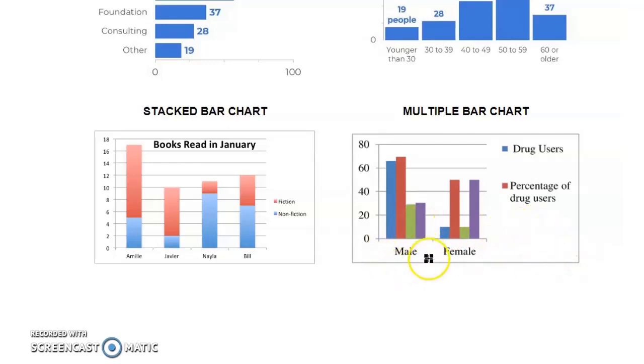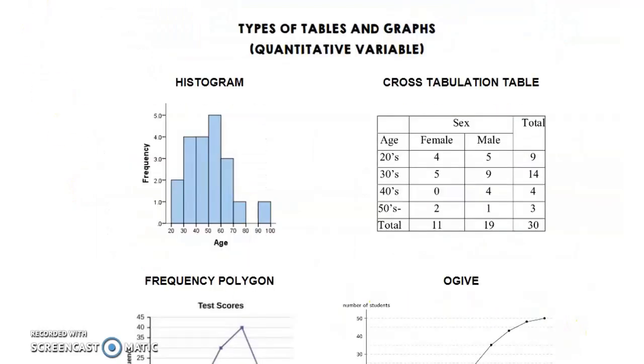But in one category, you have a few subcategories, so you can use a multiple bar chart. For example, if you have program AC and then part 1, part 2, part 3, part 4, and BM, part 1, part 2, part 3, part 4, you can use a multiple bar chart.